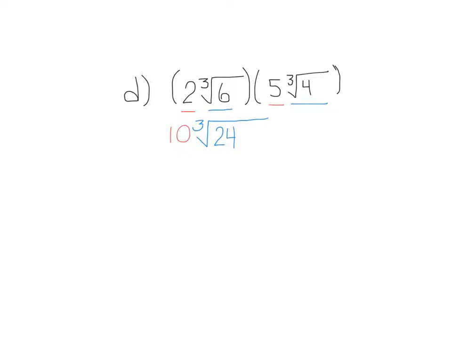So now to see if that simplifies, we need to make a list of our perfect cubes. 2 cubed, 3 cubed, and so on. Clearly, 8 divides evenly into 24. So I can think of the cube root of 24 as the cube root of 8 times the cube root of 3.